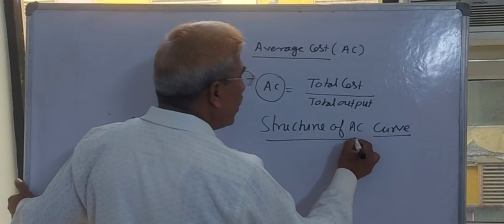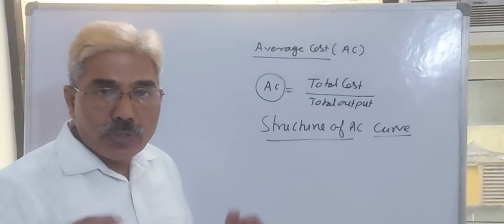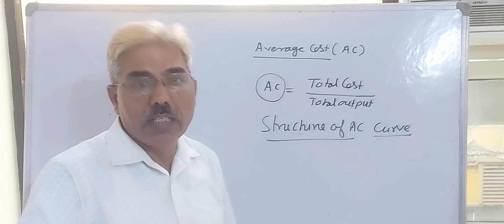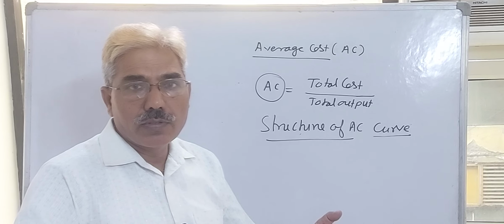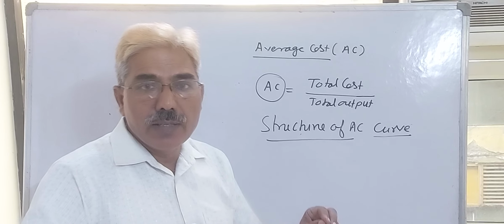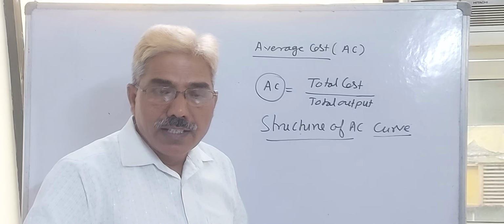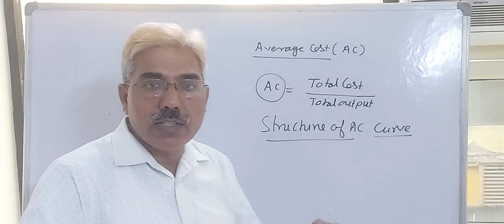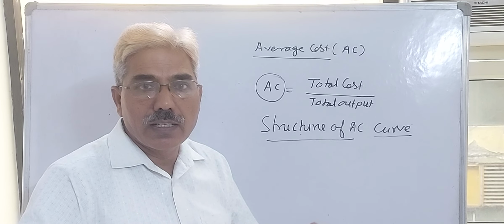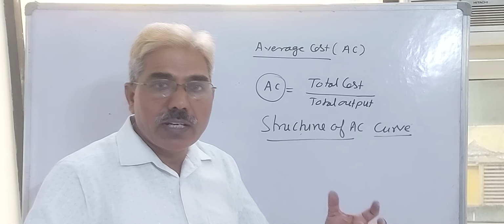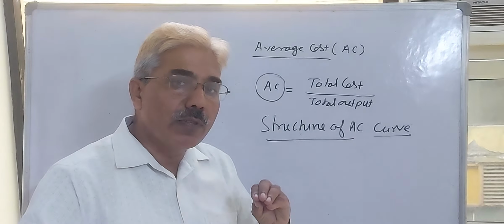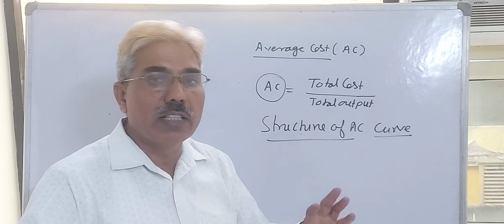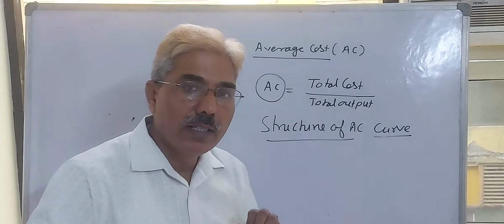Generally, in the production process, in the beginning stage, the quantity of capital is more, and the quantity of labor and raw material is less. As we increase the quantity of labor and raw material on that particular capital or machine, the machine begins to be fully utilized.